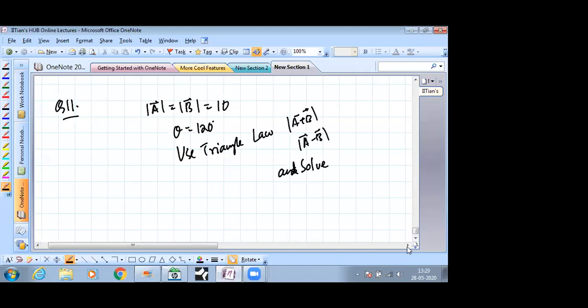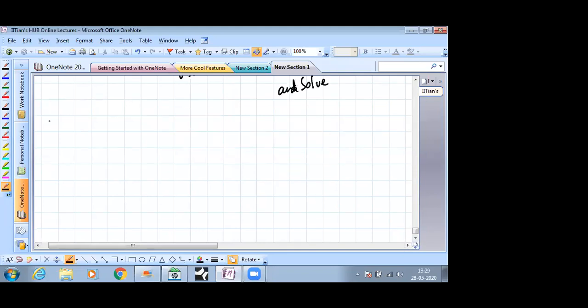So this you will get fairly easily. Okay, let's come to question 12. Now it is saying that the magnitude of A is 12, the magnitude of B is 16. But the magnitude of their difference is coming greater than 20. Mod of A minus B is coming greater than 20.